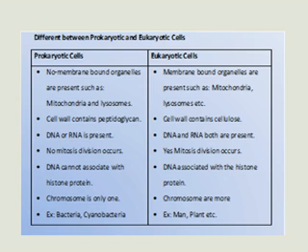DNA cannot associate with histone protein in a prokaryotic cell, but in a eukaryotic cell, DNA associates with histone protein, which is a nucleoprotein present in chromosomes. Prokaryotic cells have only one chromosome, but in eukaryotic cells, chromosomes are more than one. Prokaryotic cell examples are bacteria, cyanobacteria, blue green algae, etc. Eukaryotic cell examples are plants, fungi, etc.